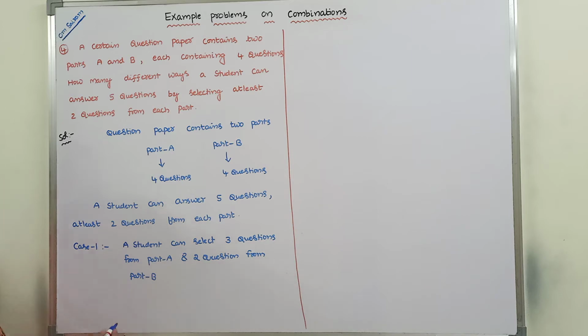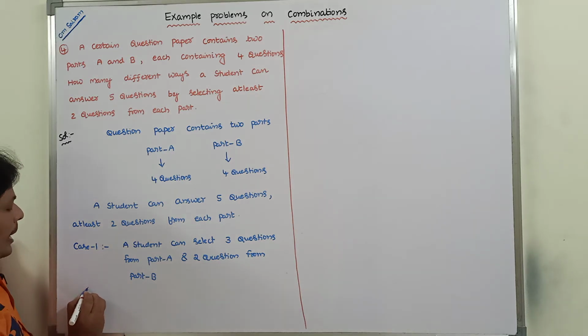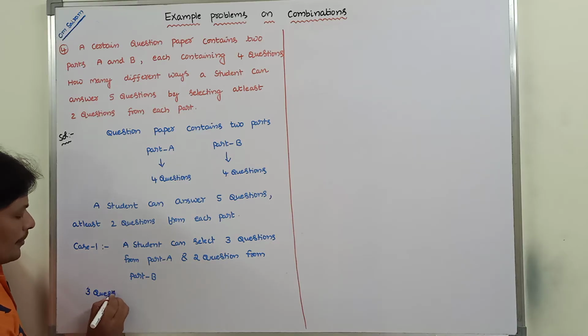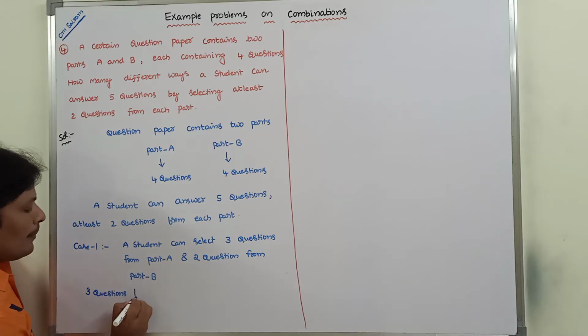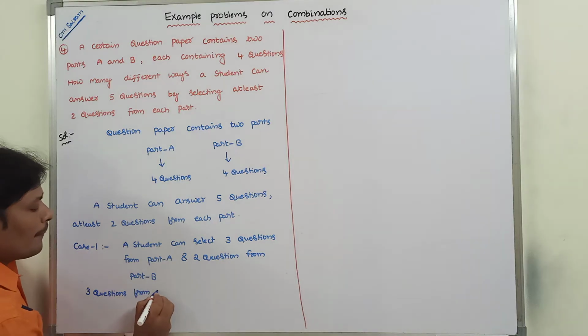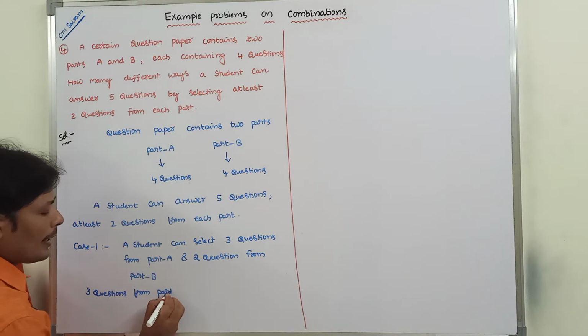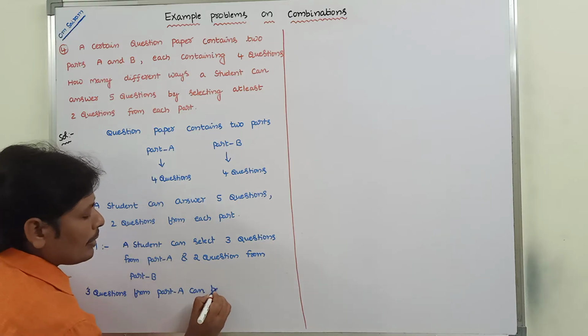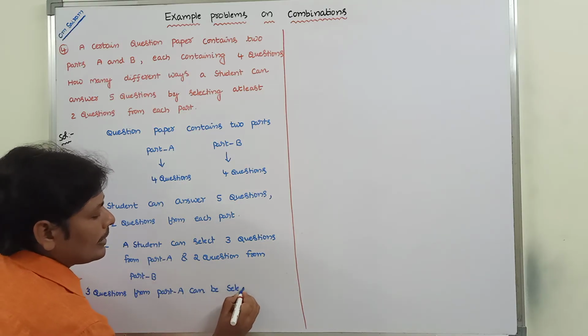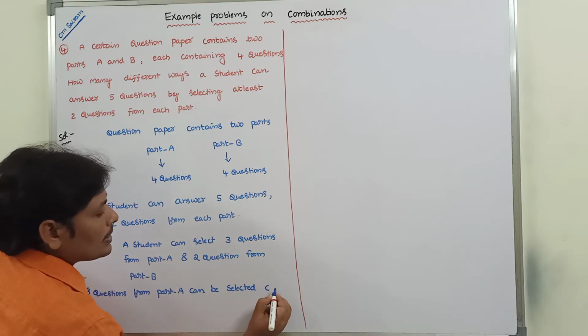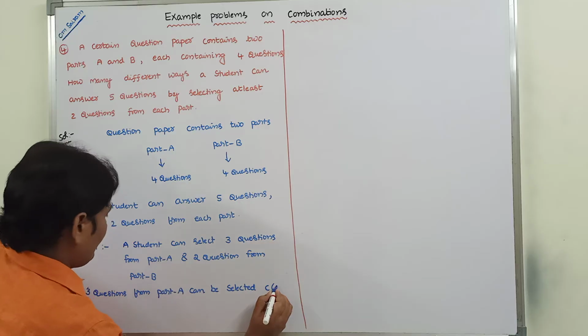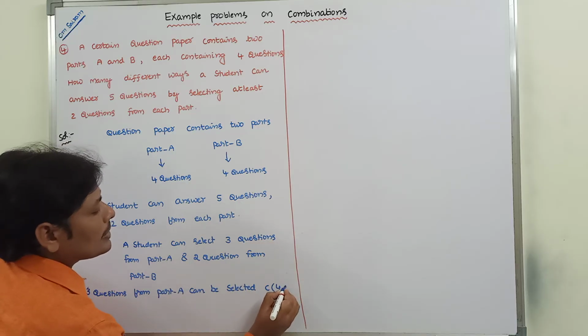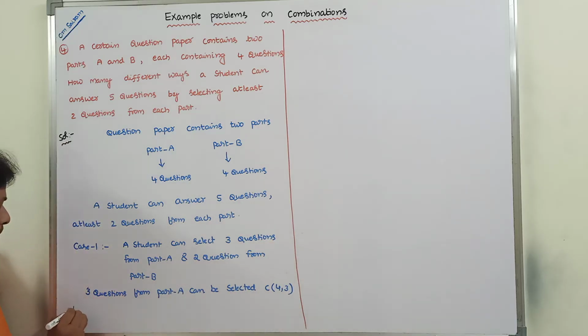Now 3 questions from part A can be selected in C of 4, 3 ways.